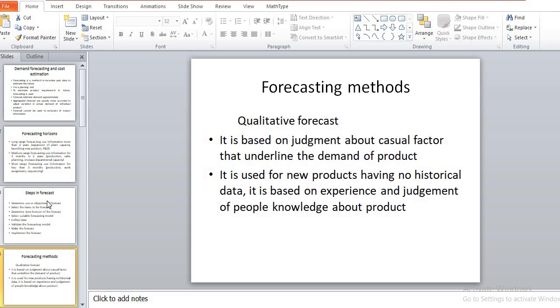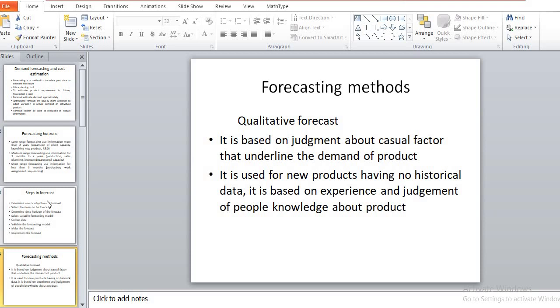So what are the different methods of forecasting? There are different methods. The major types, or major categories, are qualitative and quantitative forecasting. Here we first discuss qualitative forecasting.